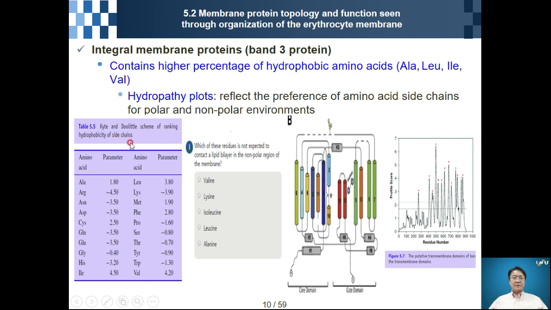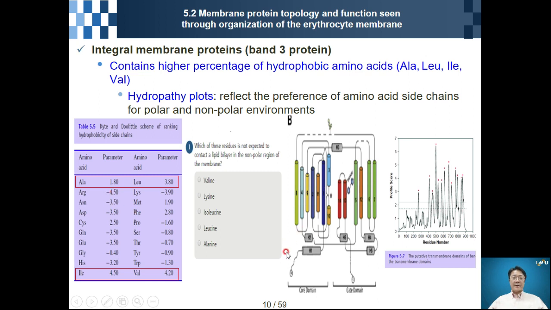Okay, let me start with alanine. Alanine's value is 1.8 and leucine is 3.8. How about isoleucine and valine? They have 4.5 and valine has 4.2. The higher value means that their side chain is hydrophobic. If the value is minus, it means that they are hydrophilic.